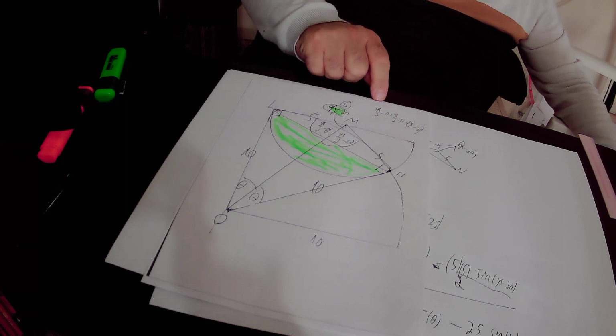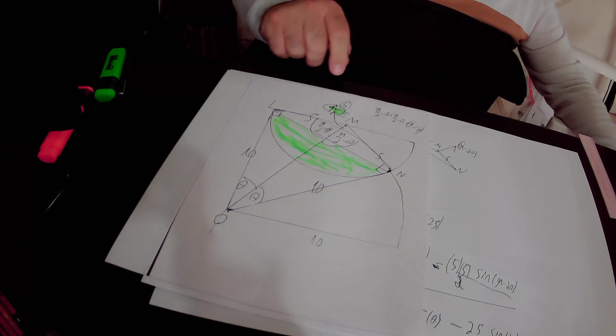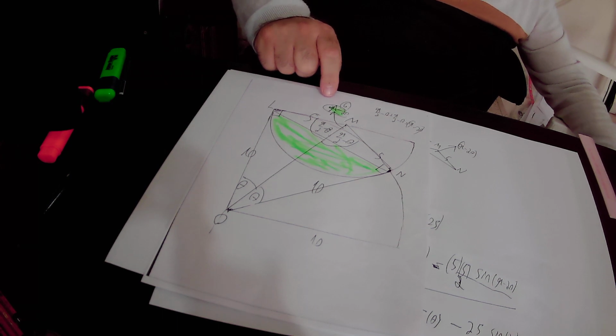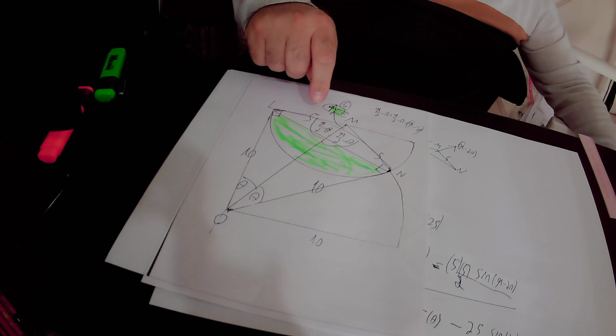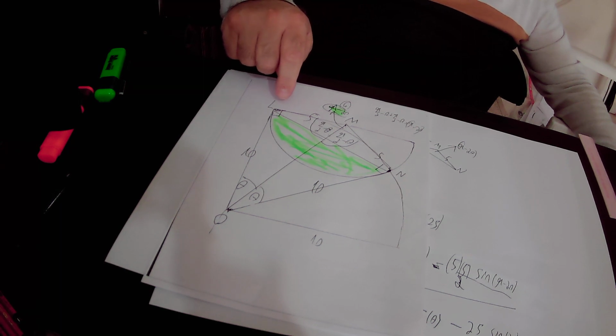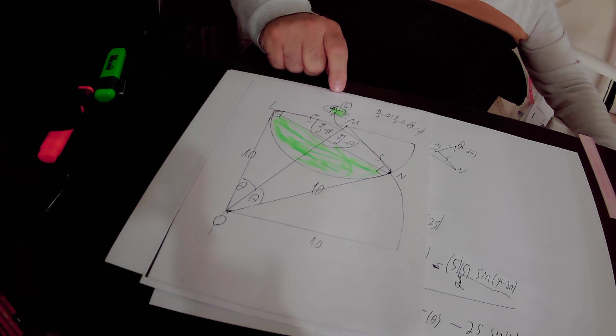The size of angle LMN equals pi over 2 minus theta plus pi over 2 minus theta. Pi over 2 plus pi over 2 is pi, and minus theta plus minus theta is minus 2 theta. So in conclusion, we found out that the angle LMN, that is the angle of the sector LMN, is equal to pi minus 2 theta.